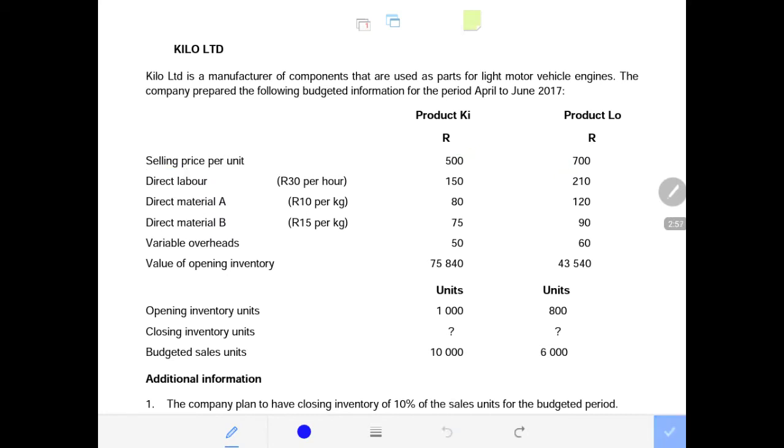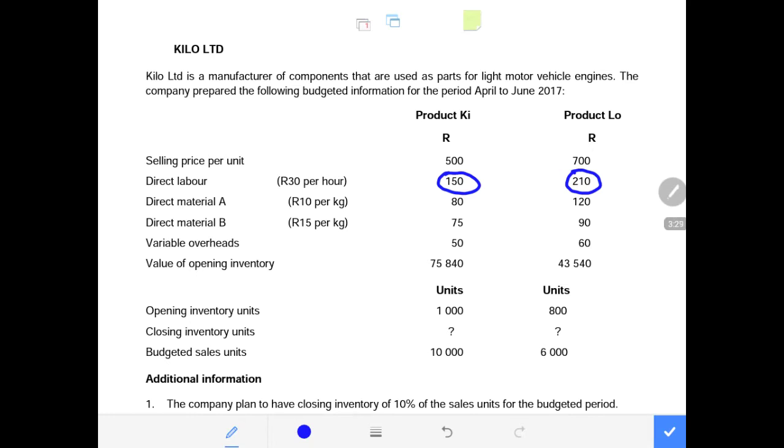Direct material is quite important in this question, but start with the direct labor. For direct labor, we are provided with 30 Rand, meaning employees are being paid 30 Rand per hour. And it is 150 Rand that is incurred to complete 1 unit of KI, and 210 Rand is the cost of direct labor per unit to complete 1 unit of product LO.